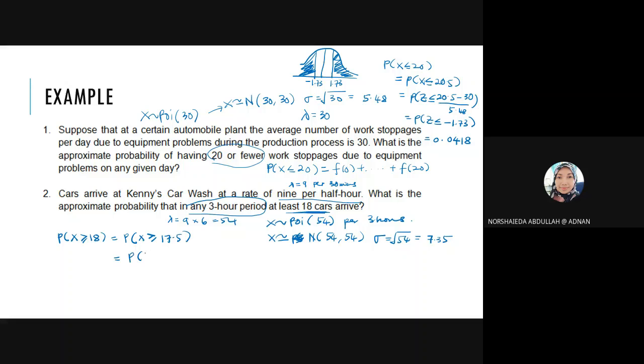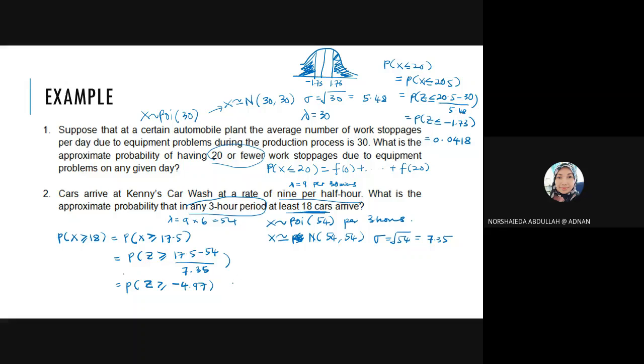And then we convert x to z. 17.5 minus 54 over standard deviation 7.35. Okay, so we will get z equal to negative 4.97.